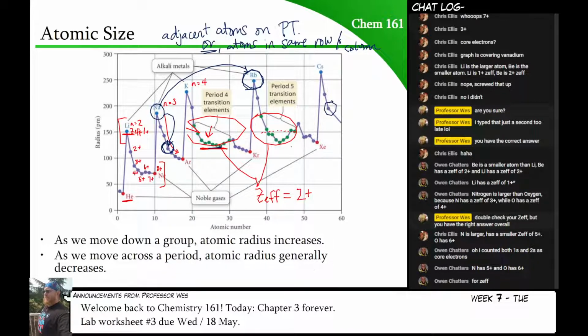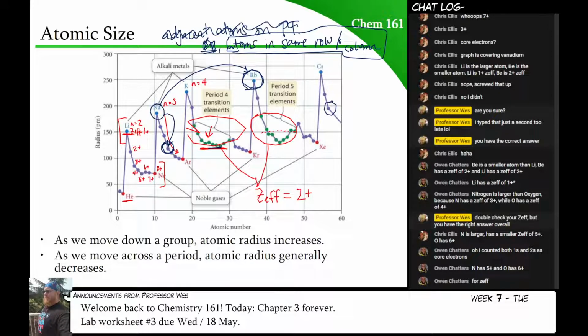Now, I can't do diagonal. Actually, now that I think about this, I should just scribble this part out. This right here is the stipulation. I can only pick atoms that are in the same row or the same column. If you do diagonal, you get weird things going on. Comparing them in one diagonal direction, it's super obvious because it's the one with the bigger N. And then if you have a bigger N and smaller Z effective, duh.